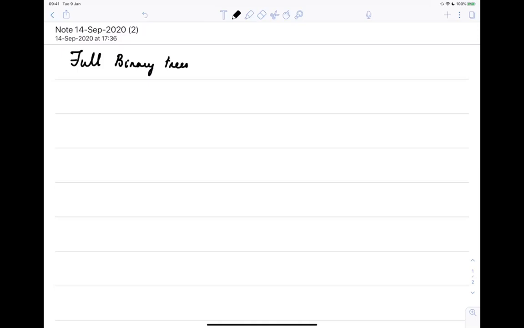And finally, we can also have a property which says I is equal to L minus 1, or I plus 1 equal to L. So basically, if you know n, then you can find L, and from L, you can find I, because n, L, and I are interrelated in a full binary tree.